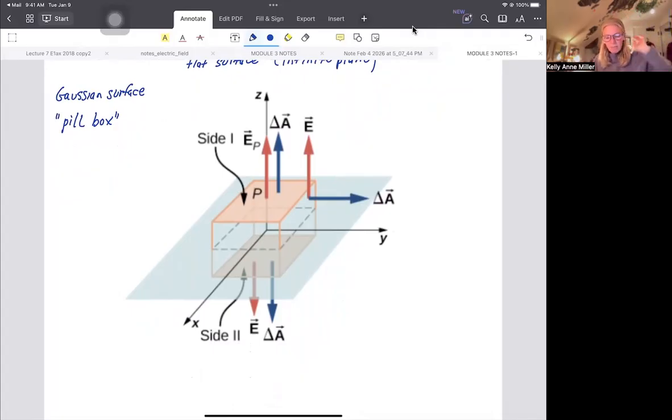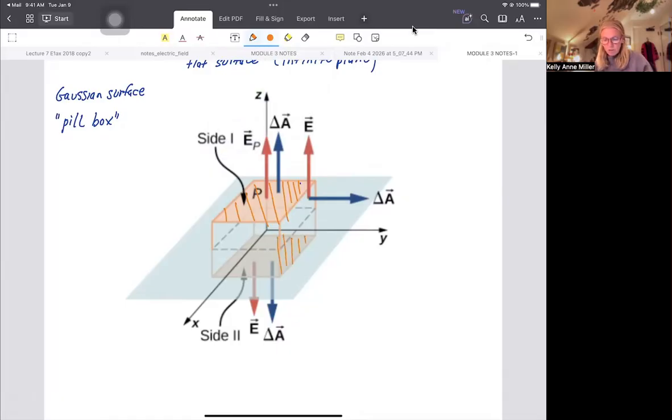So there's a top and a bottom to it, shaded here in orange in the diagram. The box that you see is the Gaussian surface that we've chosen to exploit the symmetry of the plane. It's got a top and a bottom underneath here.